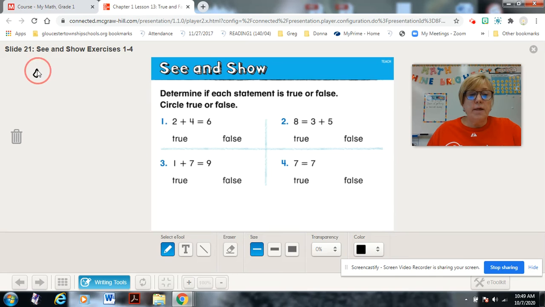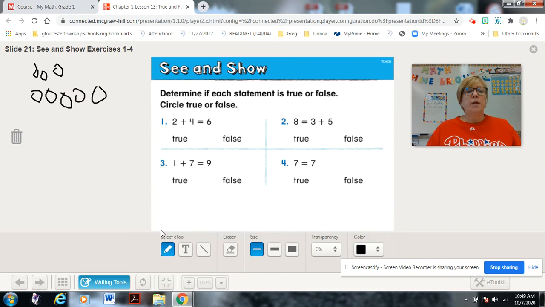All right, 1, 2, 3. That's 3. Now add 5. 1, 2, 3, 4, 5. All right, and you're doing that with your counters. Now, I would like you to count all of your counters and determine if this is true or false.